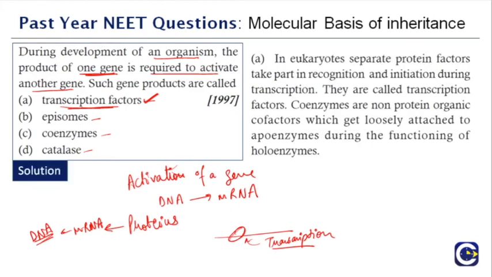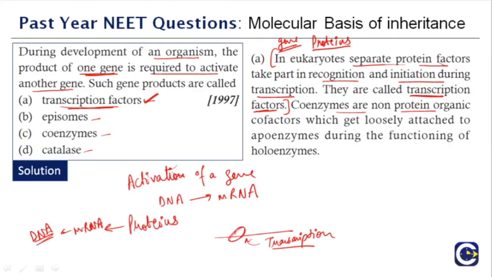In eukaryotes, separate protein factors take part in recognition and initiation during transcription, and they are called transcription factors. These transcription factors are generally proteins. That is why they have a gene sequence on DNA.